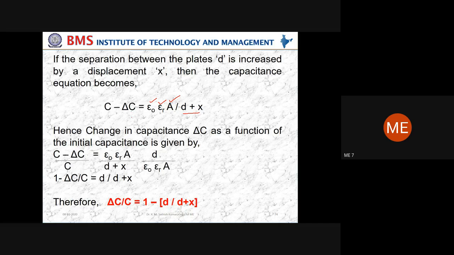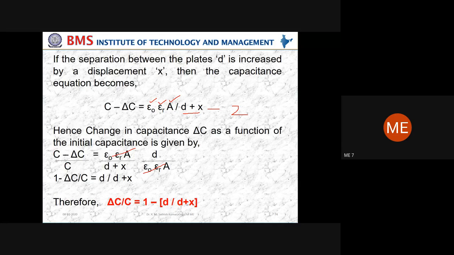Now let me take the equation for change in capacitance as a function of initial capacitance. That means change in capacitance is delta C, initial capacitance is C. We shall call this equation number 2, and the previous basic equation 1. We'll take 2 by 1. So 2 by 1 is C minus delta C divided by C, equal to epsilon naught epsilon R A divided by D plus X, and D goes on the other side, D divided by epsilon naught epsilon R A. So this gets cancelled, this gets cancelled.